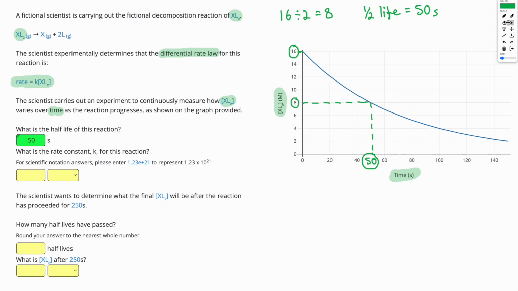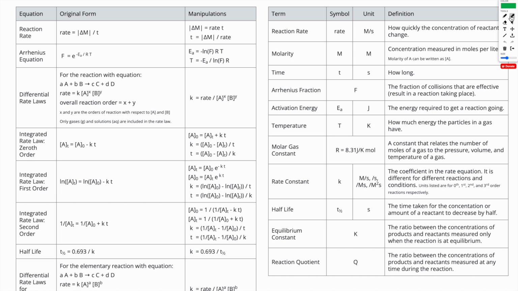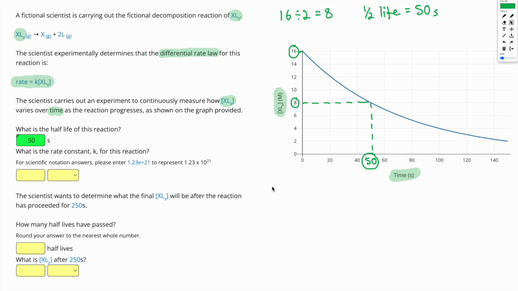Okay, our next step is finding the rate constant K for this reaction. So let's head to our reference sheet. And down here we can see the equation for half-life. Half-life is equal to 0.693 divided by K, which is the rate constant. So T half is equal to 0.693 divided by K. We want to find K and we know the half-life.